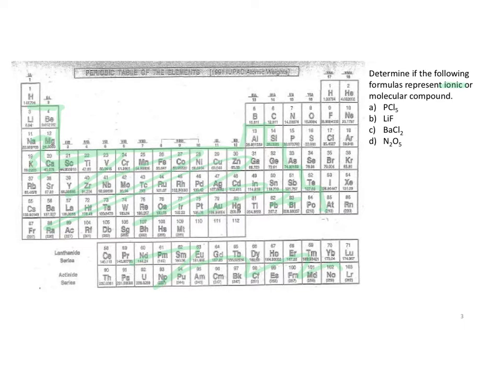And if it starts with the nonmetals, it's going to be molecular. All right, so let's start. Phosphorus, right here. Phosphorus chloride. That's a nonmetal with a nonmetal. It's going to be molecular.